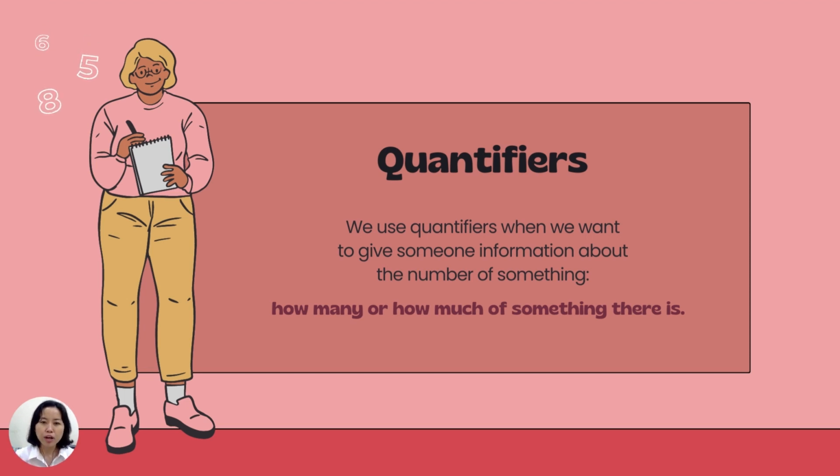You might ask somebody about the things, the objects that they have, especially about the number or the amount of that thing. So quantifiers, some, any, a little, and a few, are used to give information about the amount or the number of something, how many or how much there is.